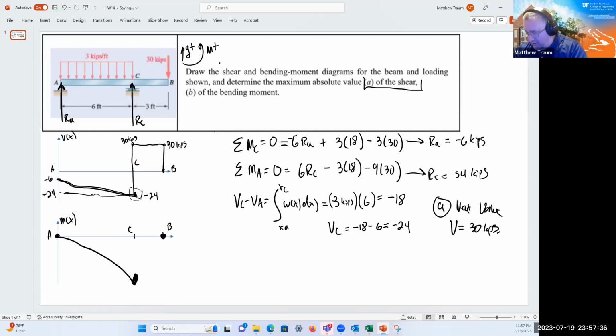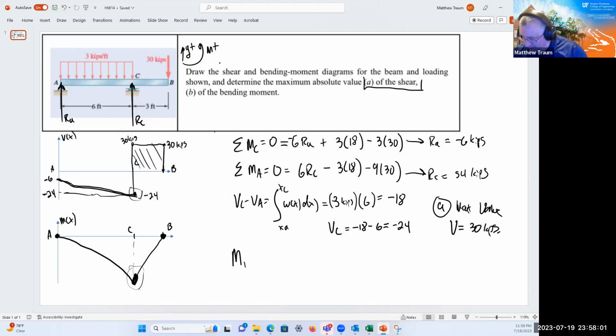And then here I have a constant positive load. And so this is going to just be a straight line shooting back up like that. So this is that point that I need, because nowhere else am I going to have any bending moment that's greater. So what is that value? Well, the easiest way to get to that value is to just remember that the area under the shear diagram is the value in the moment diagram.